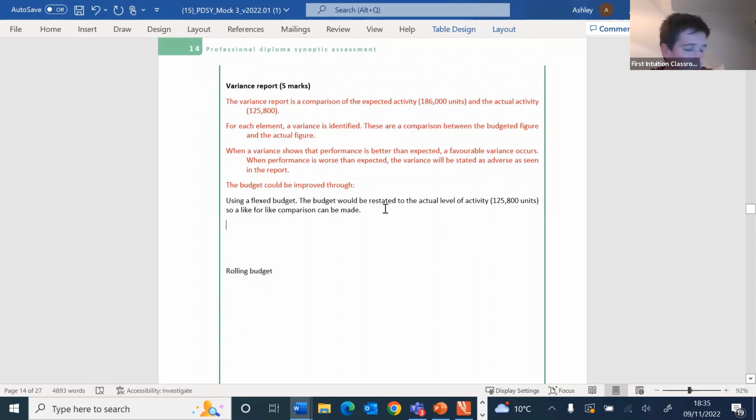So how could the budget be improved? Maybe through more detailed variance information. Okay. For example, a material variance.